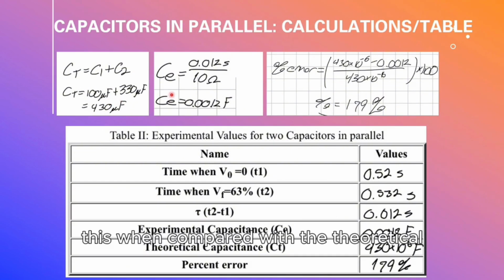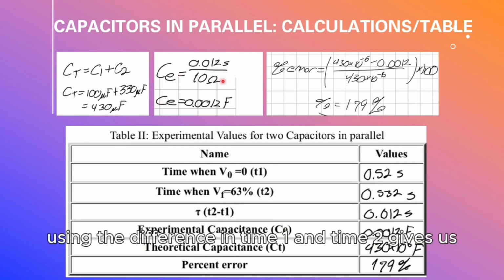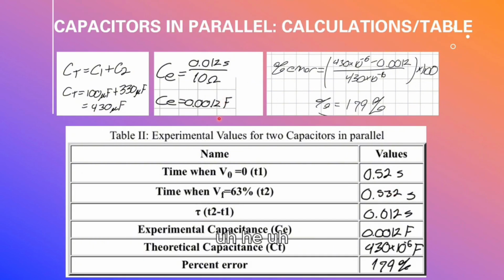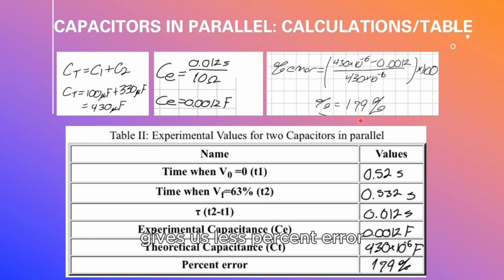This, when compared with the experimental capacitance, using the difference in time 1 and time 2, gives us a pretty large percent error, 179%. This, when compared with the other procedure, gives us considerably less percent error, but still noticeable.